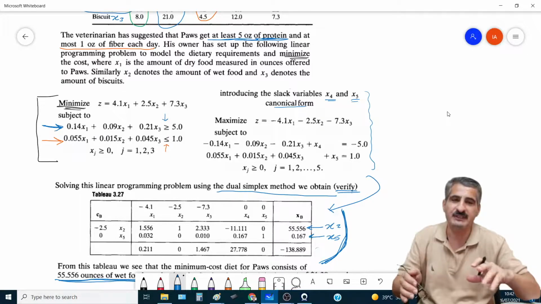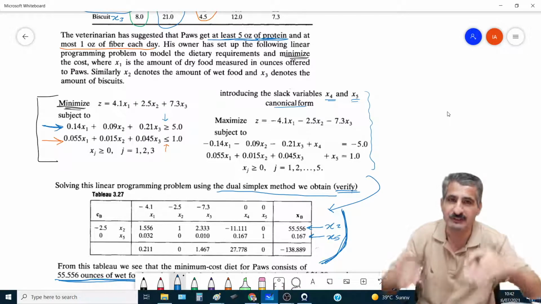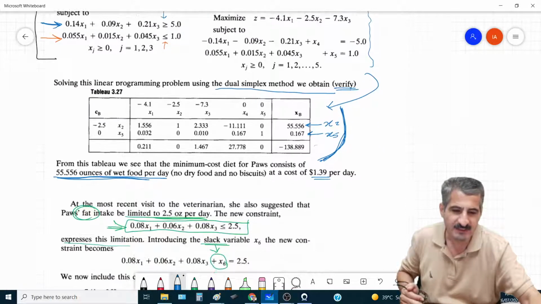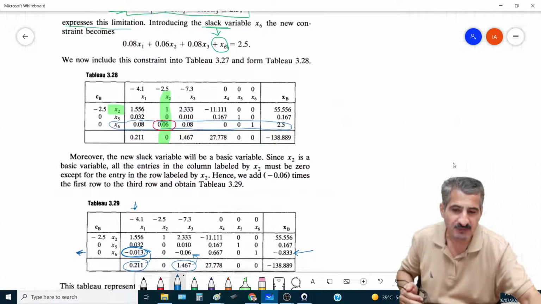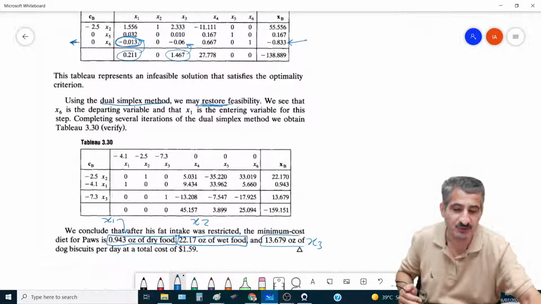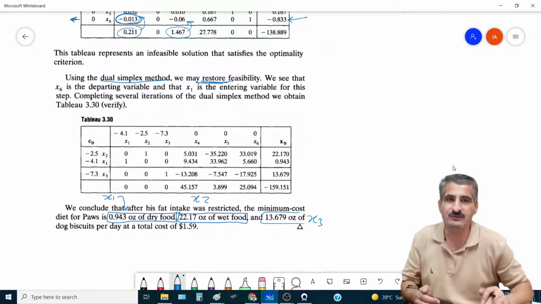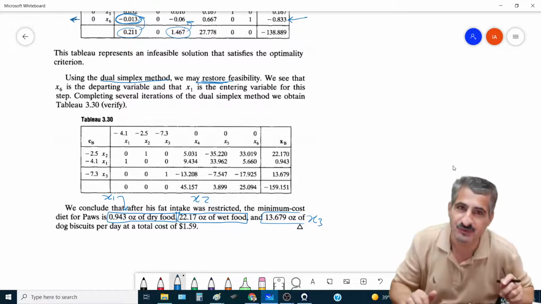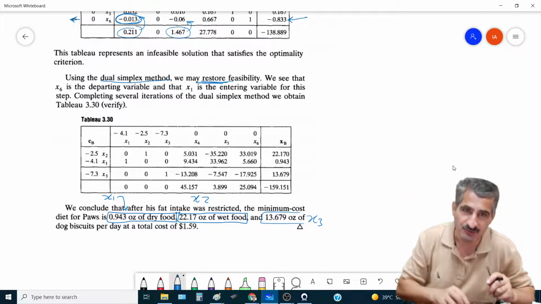We took that constraint and added it to the table that we ended with. Adding that to the table and doing the pivoting, we got a new solution. This new solution represents the situation after adding the new constraint.